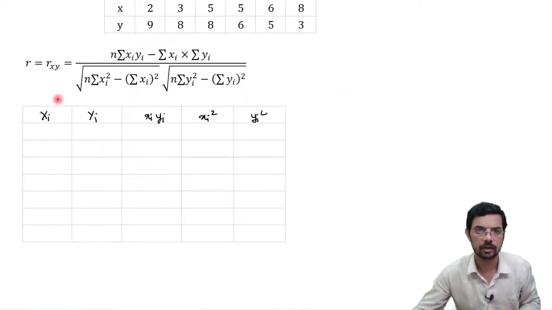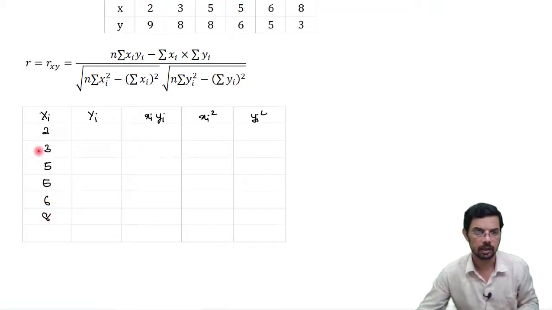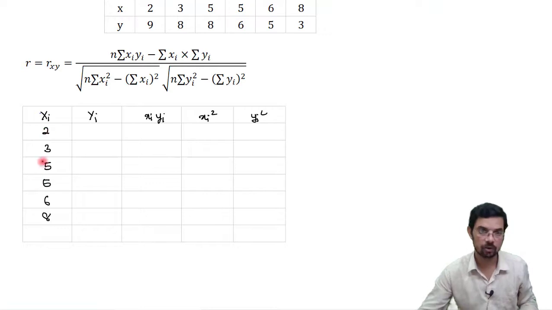What we have here is x given as 2, 3, 5, 5, 6, 8. When we add all these, we get 29 as the sum.